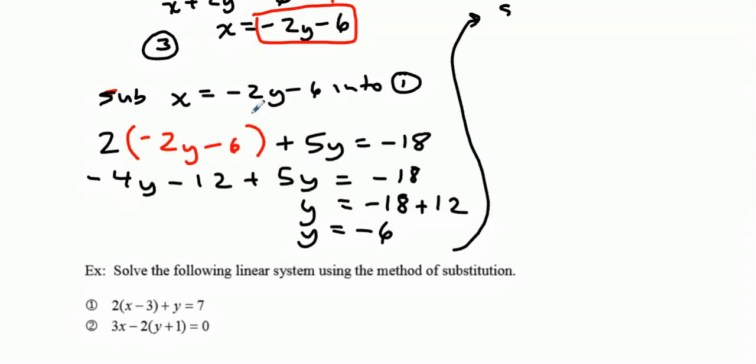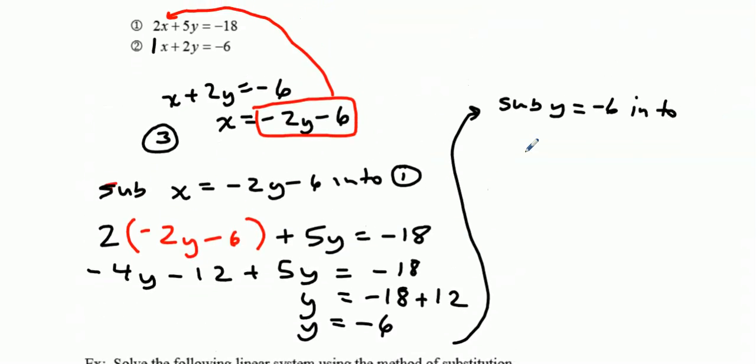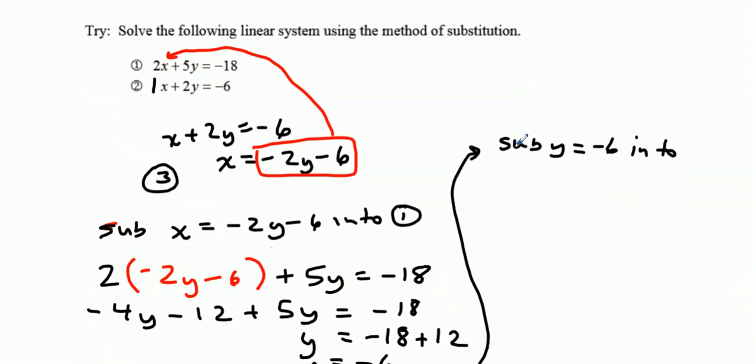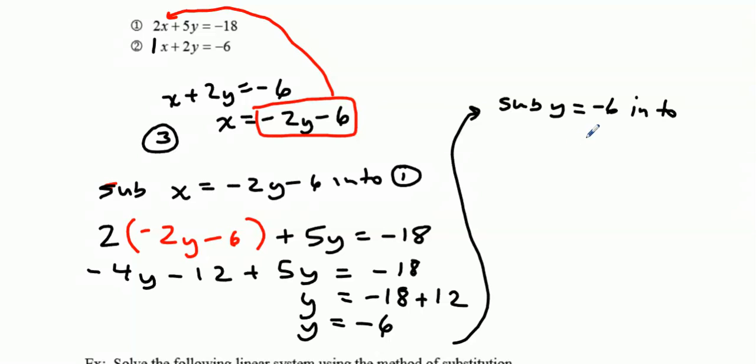Then I'm going to sub y equals minus 6 into either equation, and if we go back and look, let's put it in the second equation. Now you could put it in here, that's okay. It's just the check that you have to use the original for.